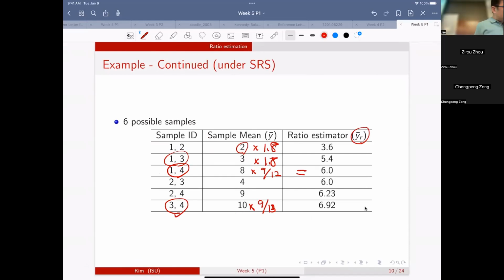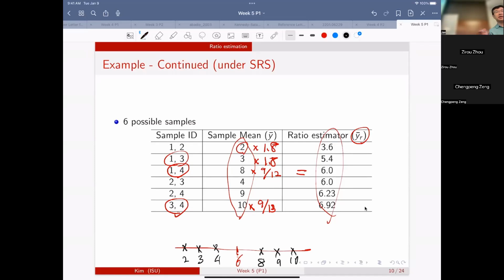But for the ratio estimator, if you look at the distribution of the two values, you have 6 as the mean, and the sample mean takes values 3, 4, 8, 9, 10.